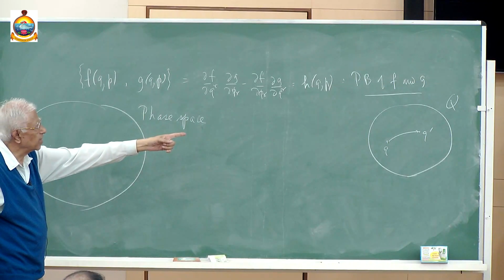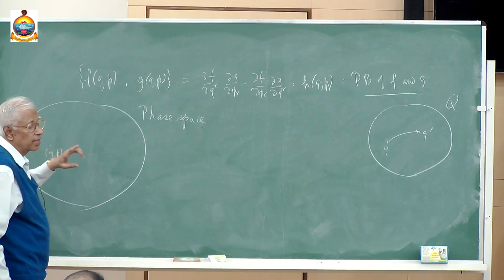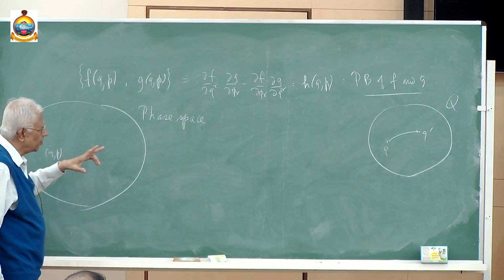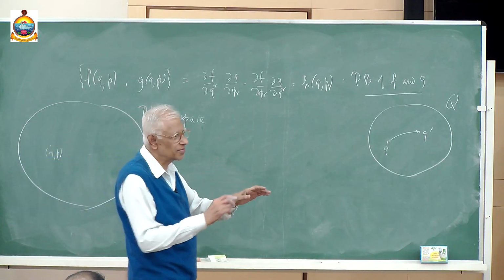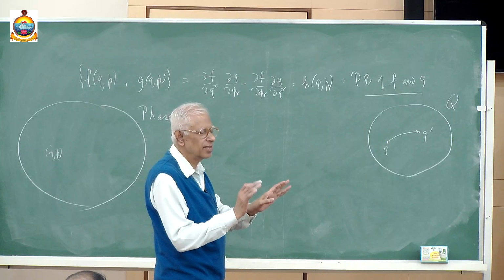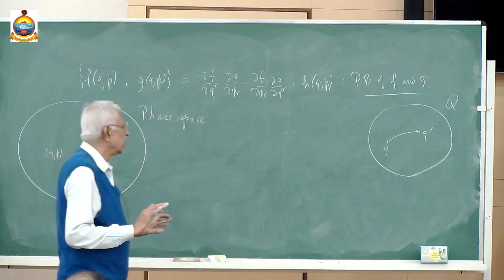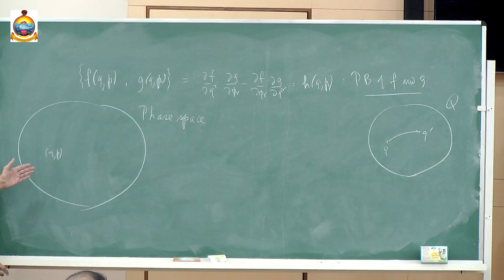If there is an n-dimensional configuration space, its phase space is 2n dimensional. So the use of the word phase space by Shamik yesterday evening has to be taken as a slight generalization of the older terminology. In the older way of doing things, every phase space necessarily is even dimensional. There cannot be a 3-dimensional phase space in the older definitions, because it is twice the dimension of the configuration space. So there is a 2-dimensional phase space, 4, 6 and so on, nothing like a 3 or 5-dimensional phase space in the traditional way of doing things.